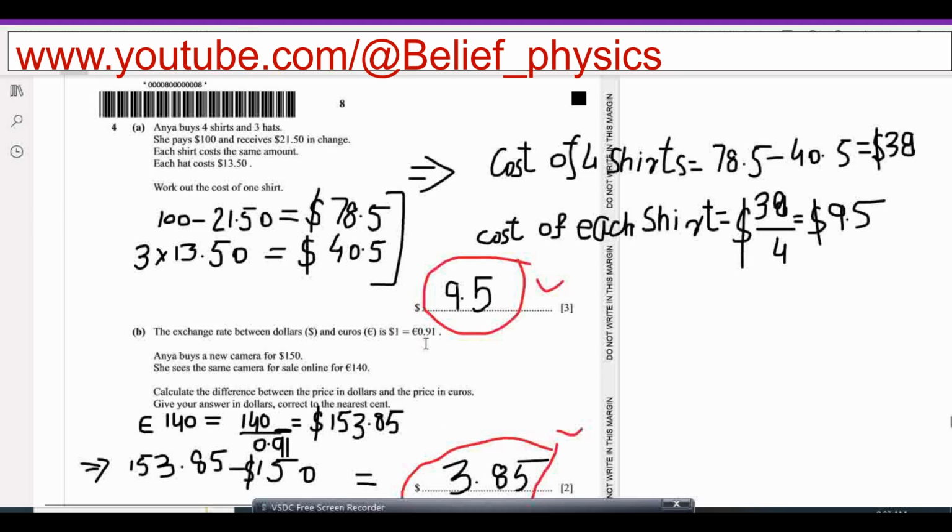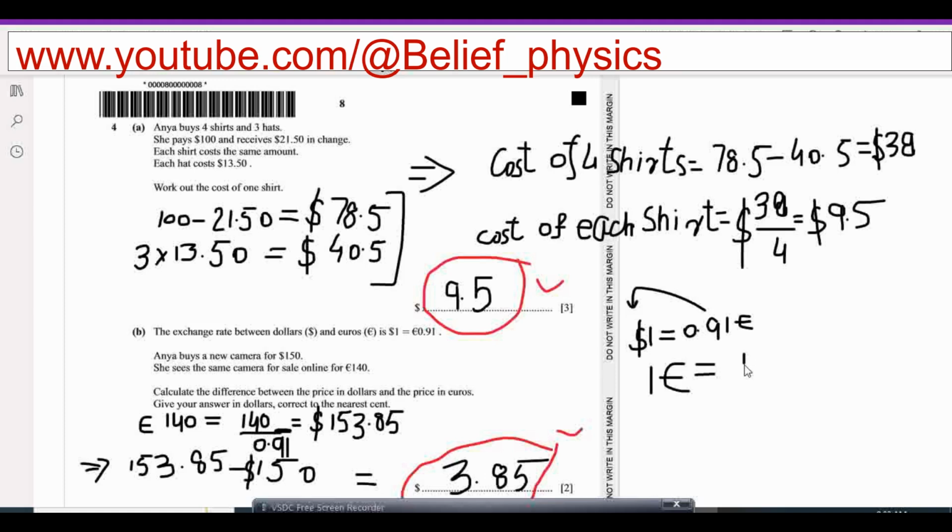Look here, it is given as $1 is equal to 0.91 euros. Okay, this is the conversion rate. So 1 euro will be equal to what? When we shift it here, it will be divided.